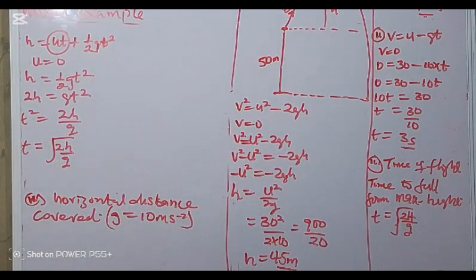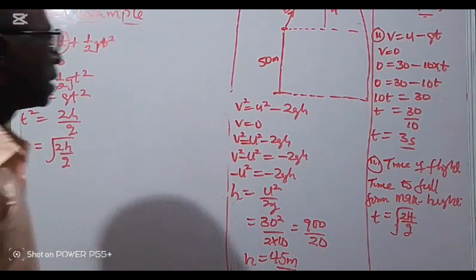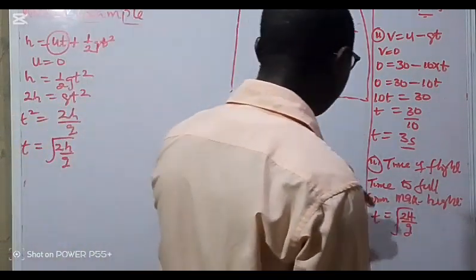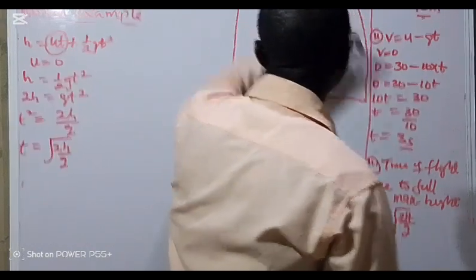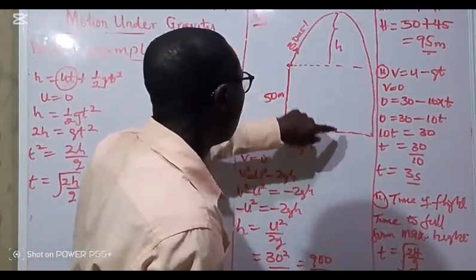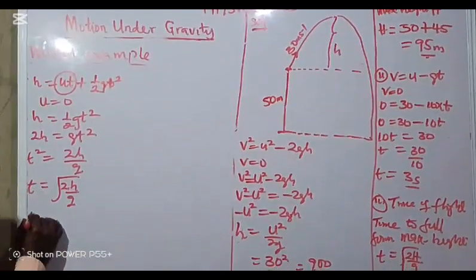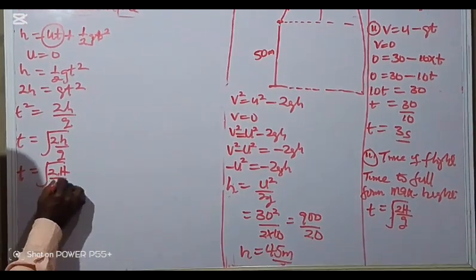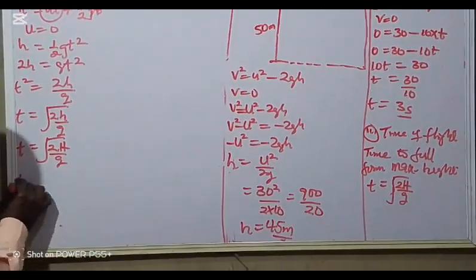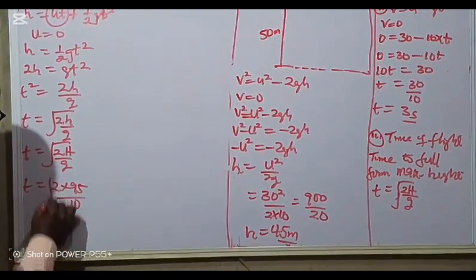But take note. The maximum height here, as we calculated, is 95. That is the height from here to here, not from here to here. So T is equal to the square root of 2H over g. This gives 2 multiplied by 95 over 10, all under the square root.